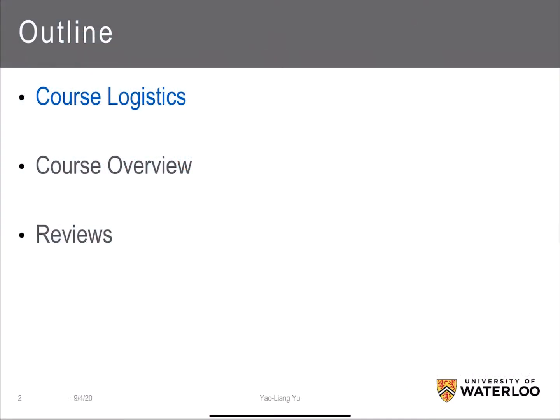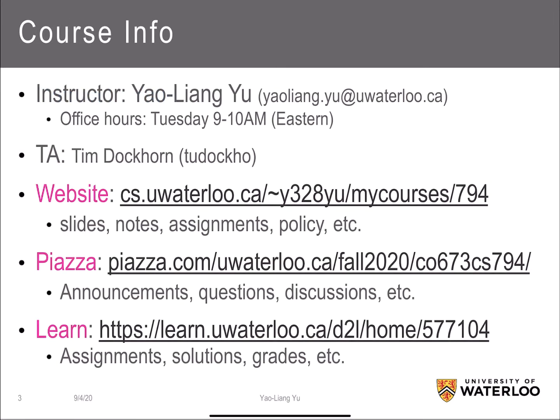As I said, we'll go over the logistics first. I'm your instructor. My name is Yao, and you can reach me through this email here. Tentatively, I'm going to hold my office hour on Tuesday, 9 to 10 a.m. Eastern Time. I hope this will work at least for most of you.